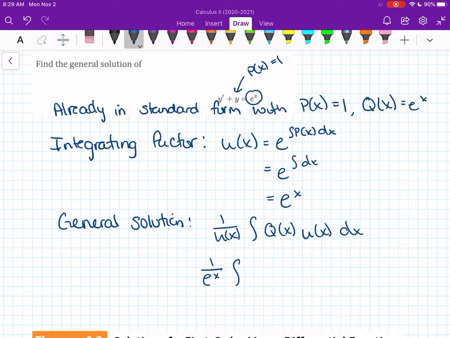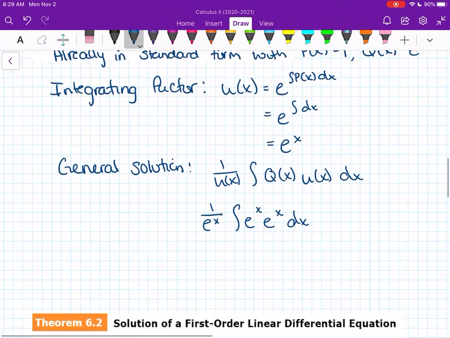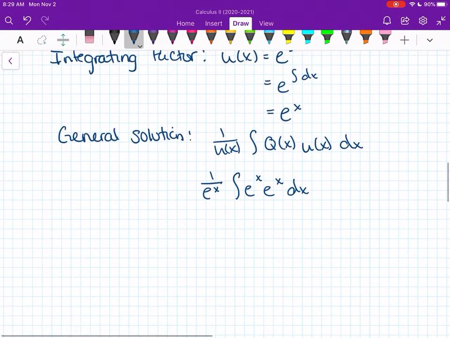So I'm going to get 1 over e to the x, and then my integral of q of x was also e to the x, and u of x is e to the x, dx. So then I'm going to go ahead and simplify this. If I integrate this, well, let's see, we can combine those e to the x's.